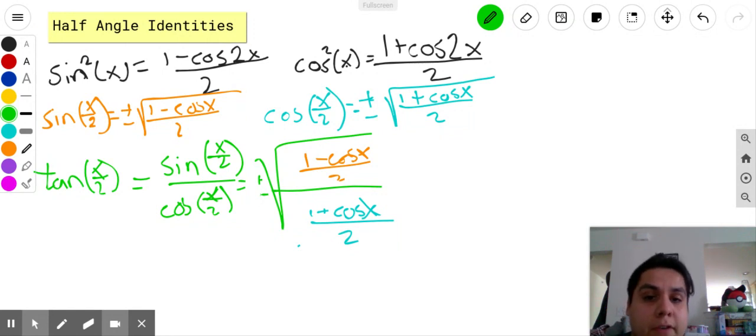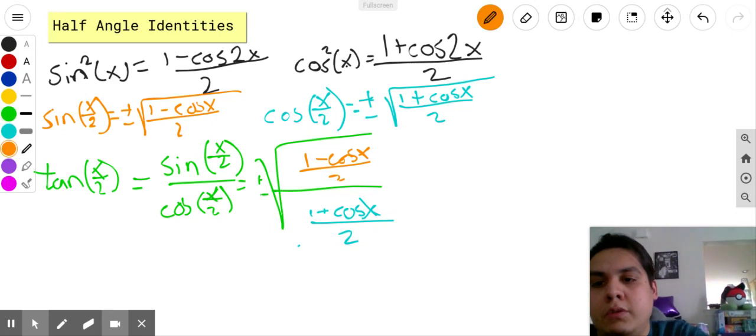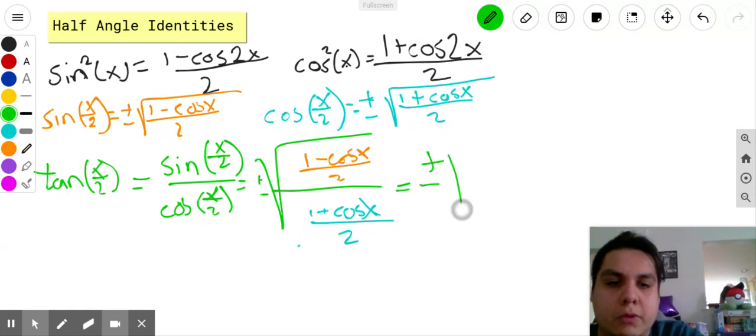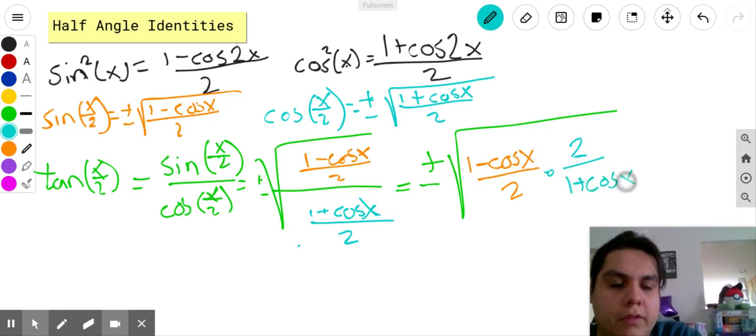Now, if you notice with my Miami Dolphins colors, the orange and the teal, I'm dividing fractions. When you divide fractions, you just multiply the numerator by the reciprocal of the denominator. So you could write this as plus or minus the square root of the orange times the reciprocal of that.